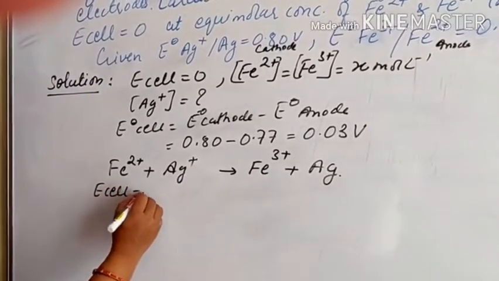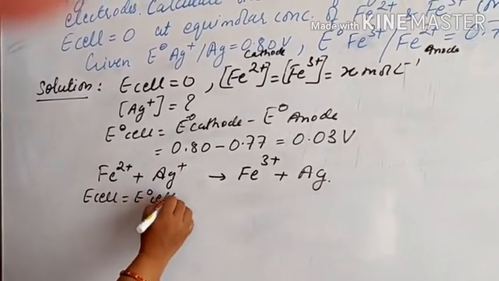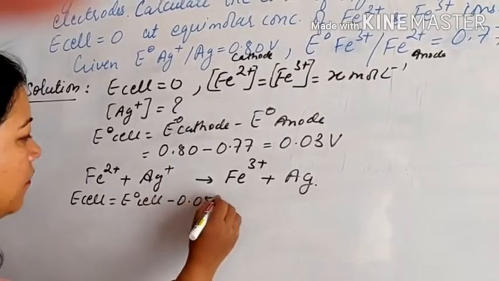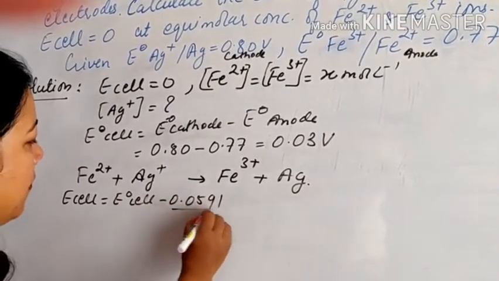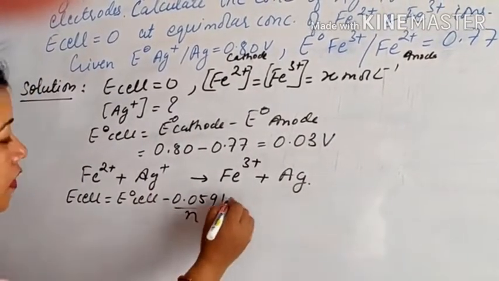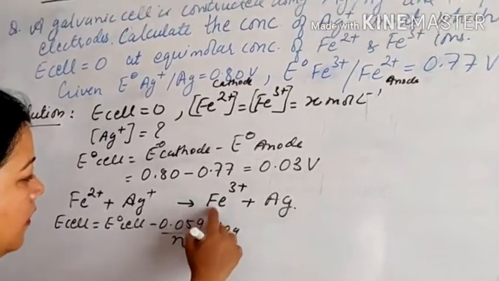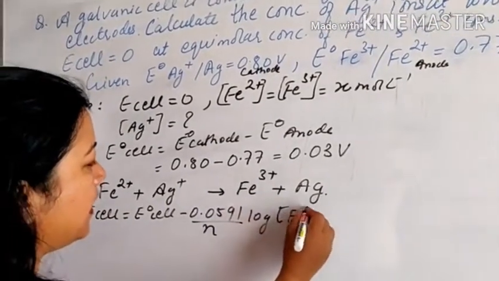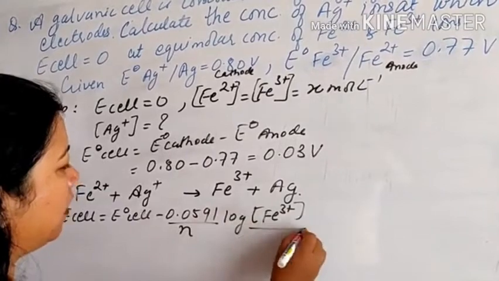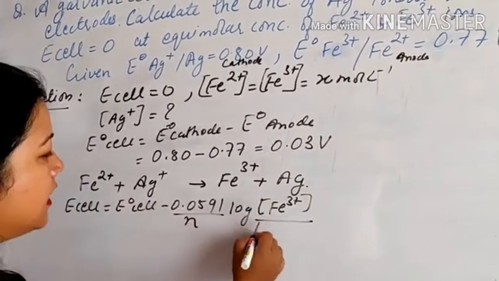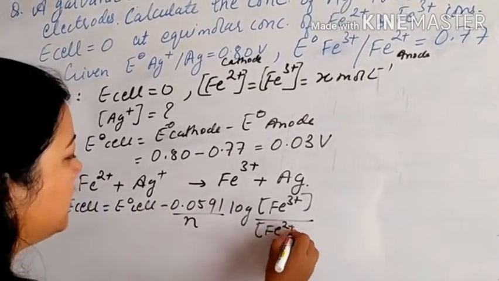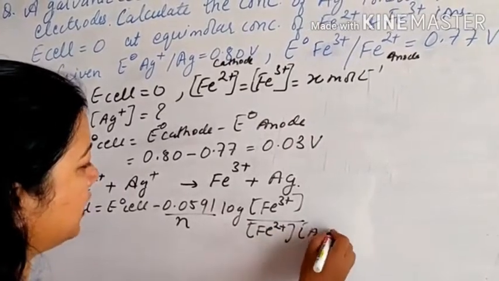E cell is equal to E naught cell minus 0.0591 upon n log of products, that is Fe3+, upon reactants, that is Fe2+ and Ag+ ion.